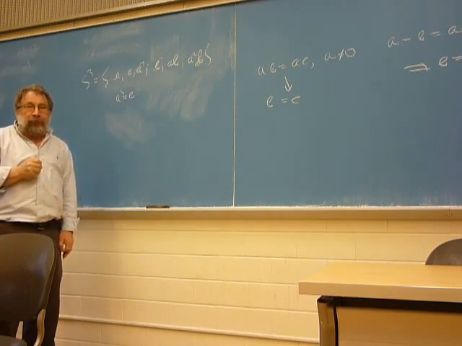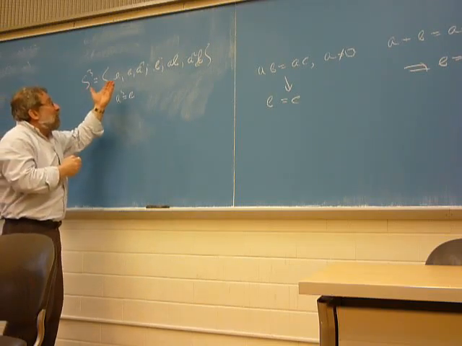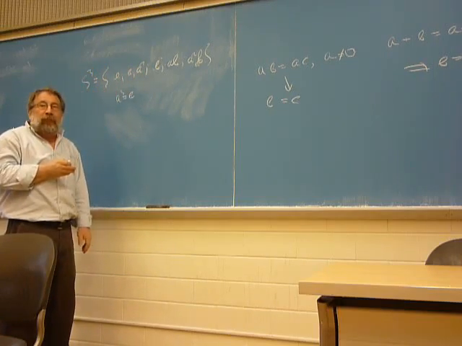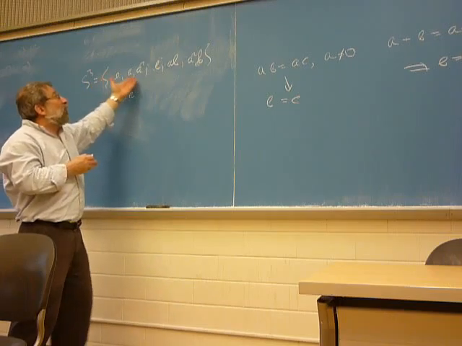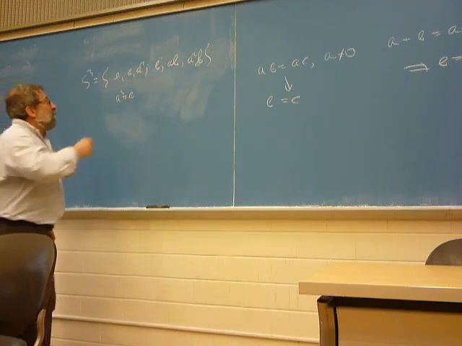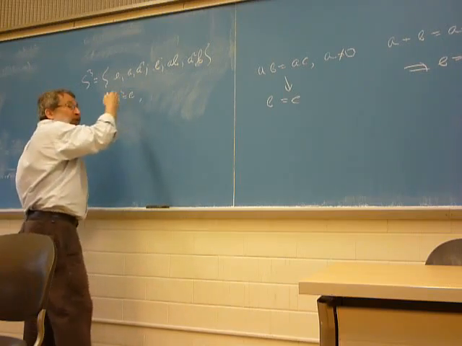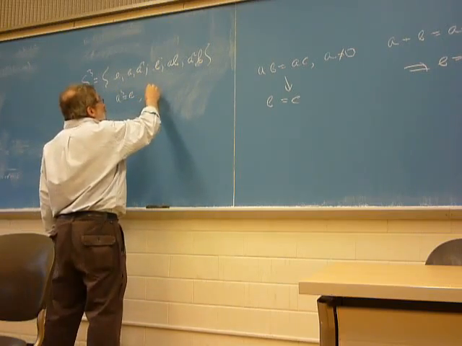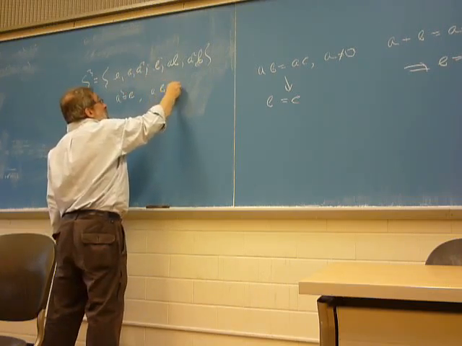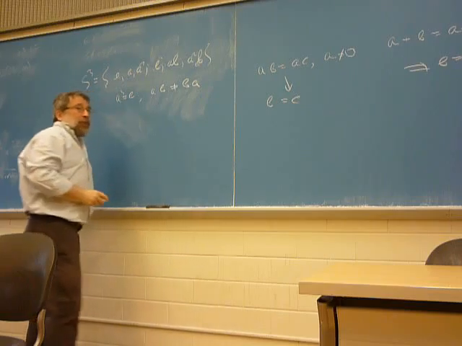Why do I have to write that? Because otherwise, how would you know what A multiplied by A squared is? I assume it must be one of these elements. That's one thing. Another thing, and that's even more essential, is that in our case, for S3, AB is not equal to BA.